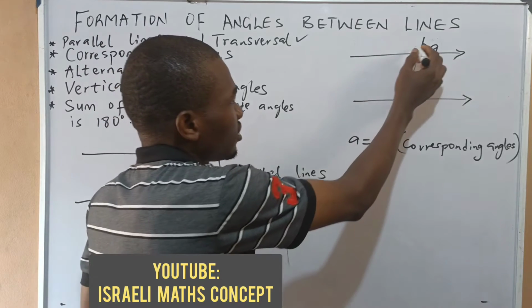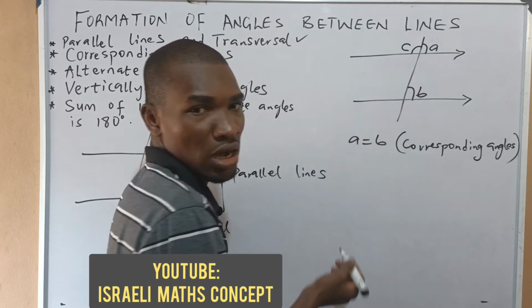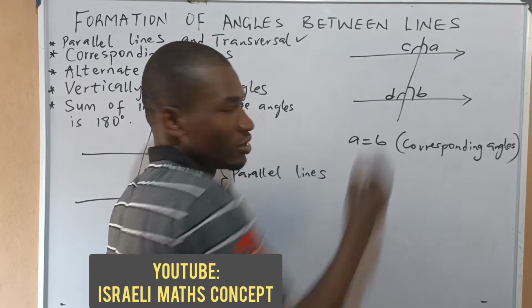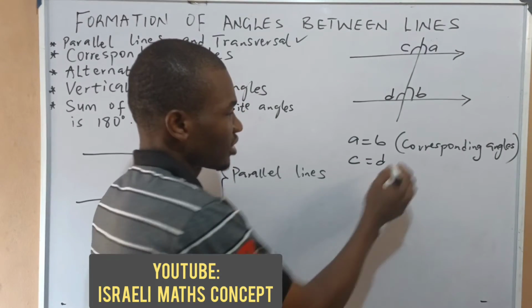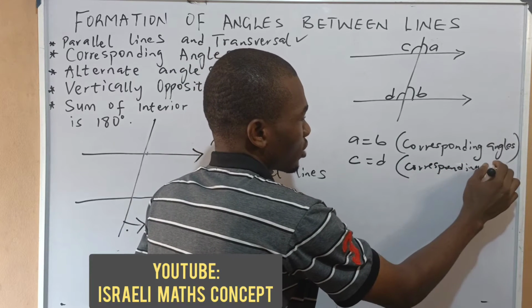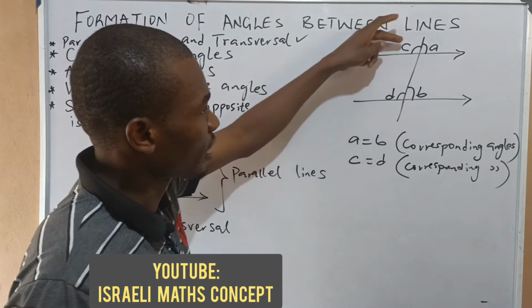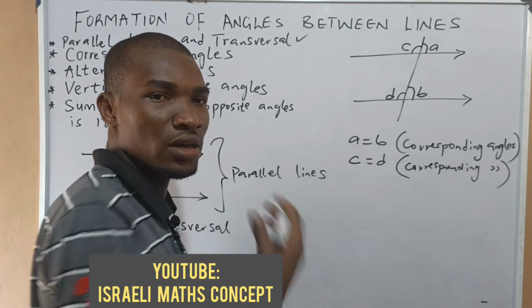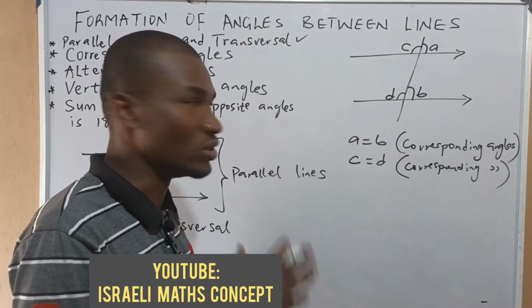We can also say that if we have an angle here, assuming we call it angle C, and we have an angle here, which we call angle D, then angle C is equal to angle D. The same reason applies: they are corresponding angles. So both angle A and B are equal, and at the same time angle C and D are also equal. Take note that corresponding angles are always equal. Hence, A is equal to B, and also C is equal to D.